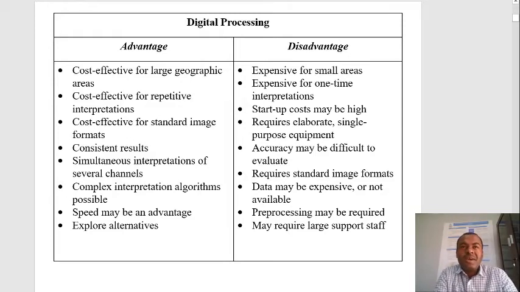So you might have asked, how can we interpret all these 7 channels, 7 bands at the same time? So one advantage of digital processing is you can interpret those several channels at a time. It gives you the multi-spectral view of a certain landscape.